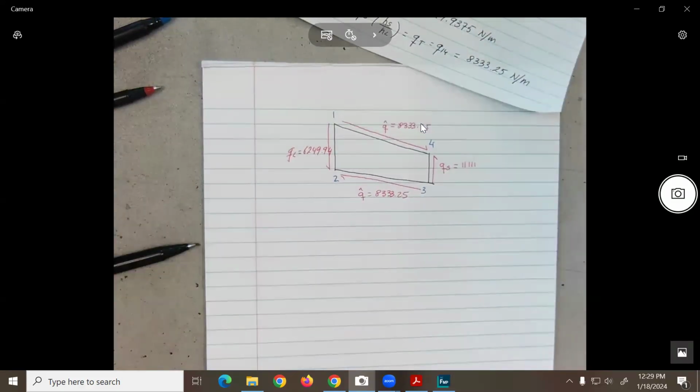So basically, you see that the shear distribution along the edges is definitely not constant.